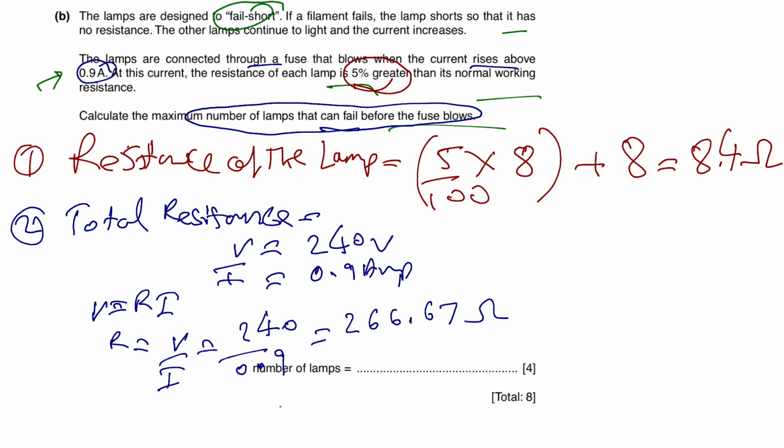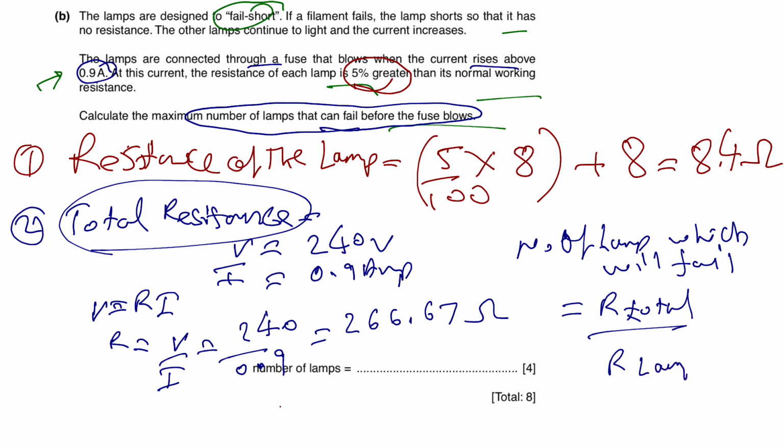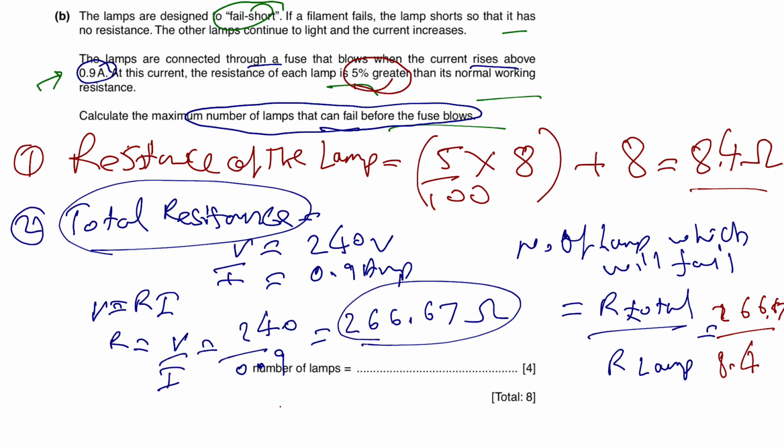The number of lamps which will fail is equal to the total resistance upon the resistance of the lamp. That is 266.67 upon 8.4 ohms, so we will get 31.7, which is equivalent to 32.